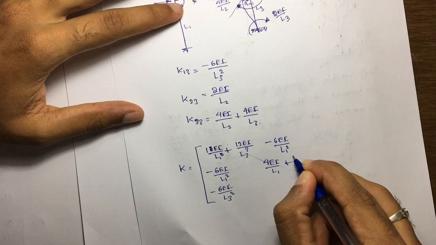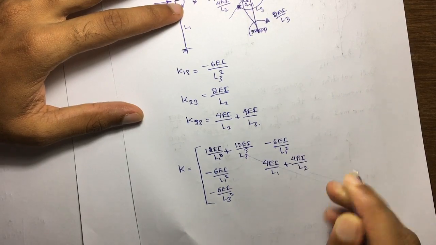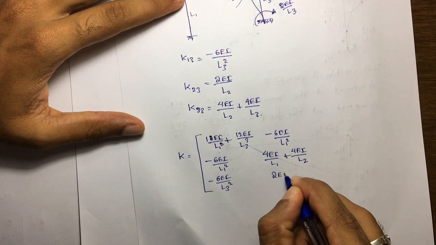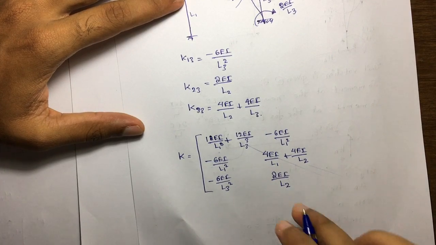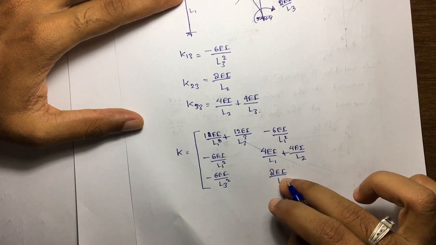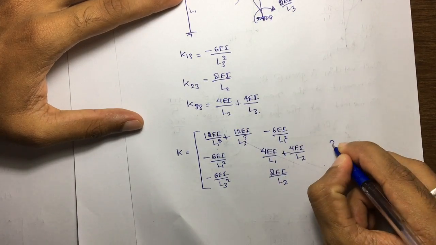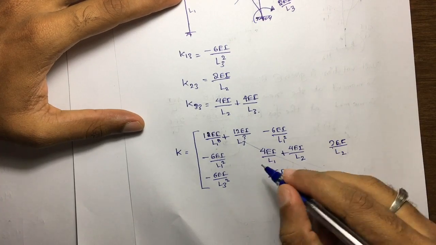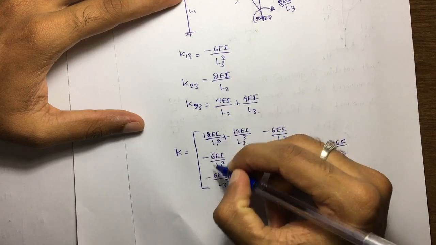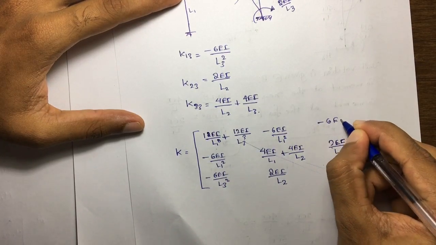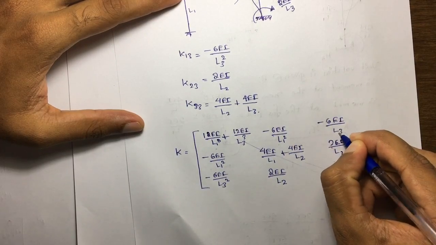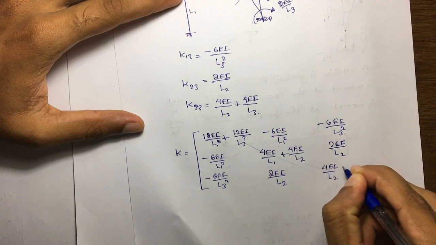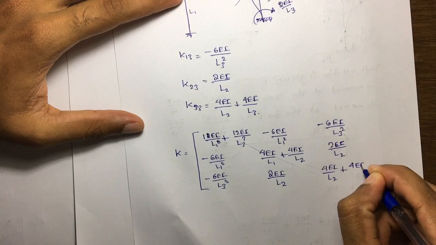Last one, 2EI divided by L2. So easily we can write this, as this is a symmetric matrix, this will be 2EI divided by L2. Similarly, I can write this one, you can observe the same value, minus 6EI divided by L3 square. Last we have to remember, that is 4EI divided by L2 plus 4EI divided by L3.